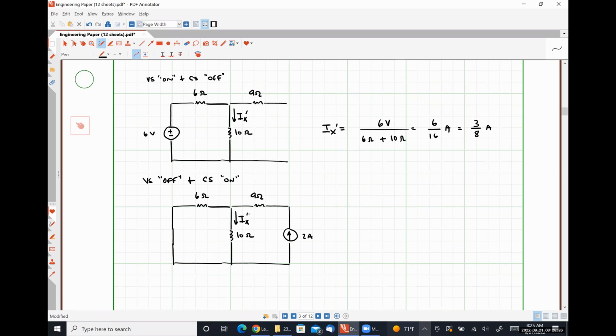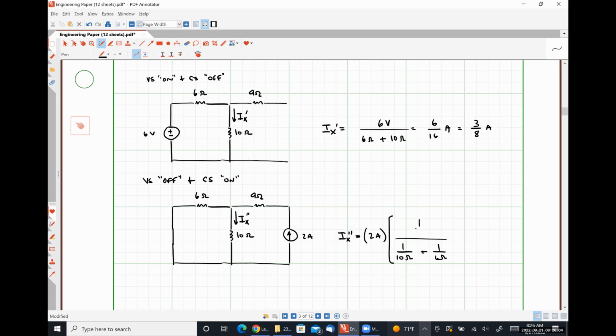And I'm going to call this IX double prime because it's the second iteration of our circuit analysis. Who has an idea of how we might solve for IX double prime? Current division. Absolutely correct. What we learned in our last class meeting can easily be applied here. So we have a known current of 2 amps that is splitting up between a parallel resistor network that contains a 10 ohm resistor in parallel with a 6 ohm resistor.